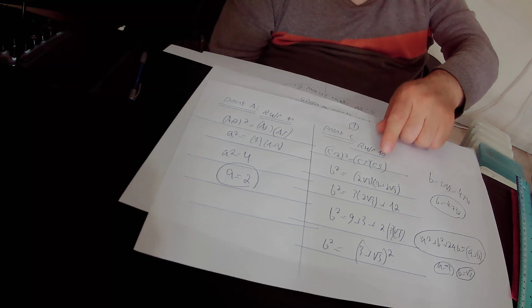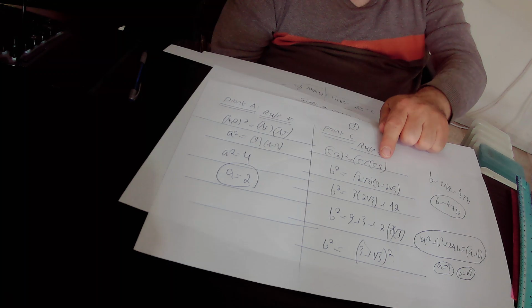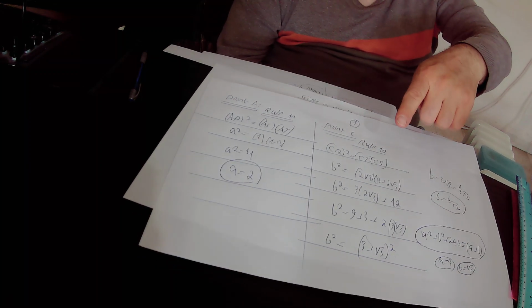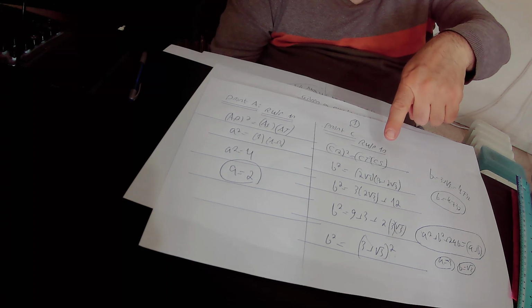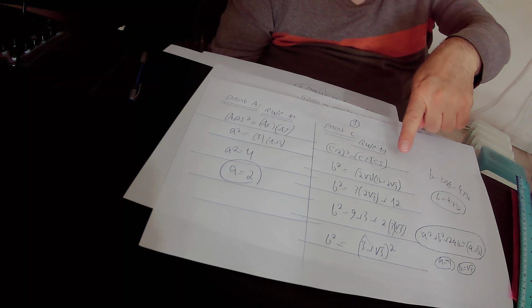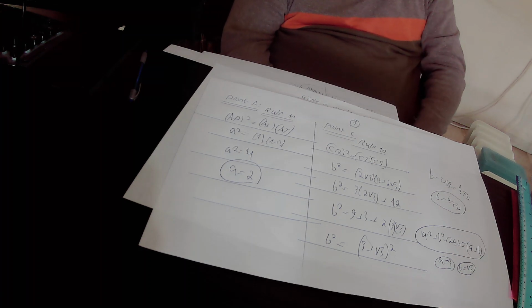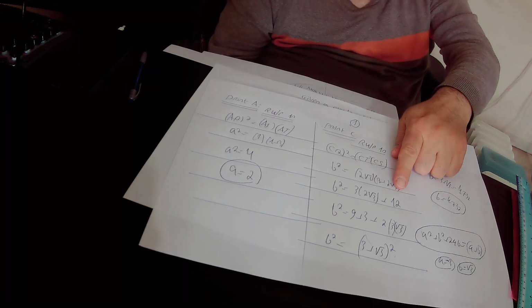So here we open the brackets. And we get that B square equals 3 times 2 times square root of 3, and 2 times square root of 3 times 2 times square root of 3 is 12. So in conclusion, we found out that B square equals 3 times 2 times square root of 3 plus 12.